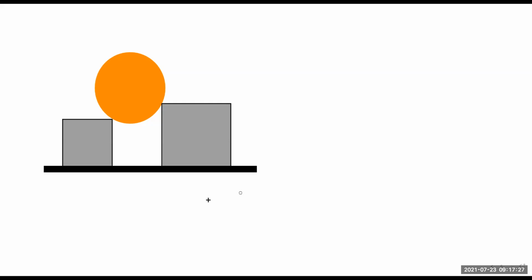You can see that these blocks are fixed supports.